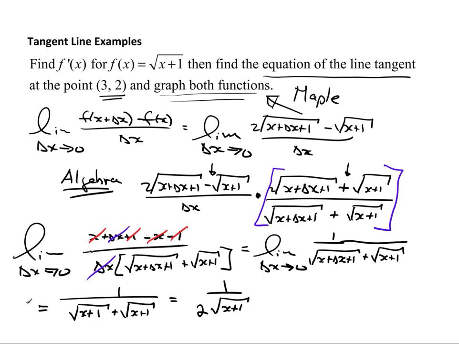Now notice here in this step right here, I dropped the limit because I took the limit here. I let delta x go to 0, and that left me with x and 1. So I took the limit. There's no reason to put the limit down here anymore because I already took the limit. Every other step I needed the limit, except for where I denoted that was simply doing algebra. So this is a function. This is actually called the derivative function.